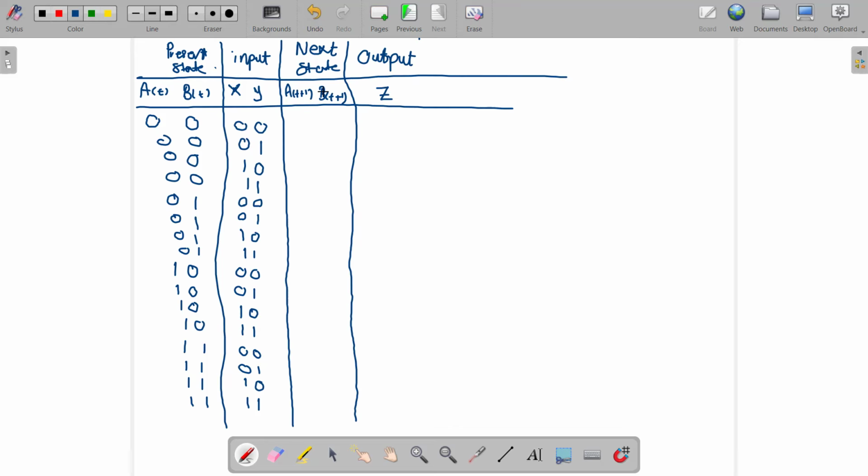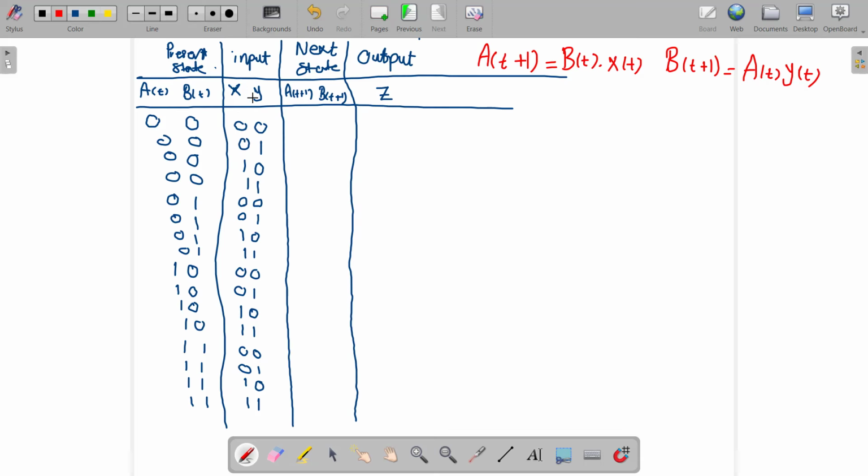Now, how can we find the next state? We learned that A(t+1) is equal to B(t) and x(t), and B(t+1) is equal to A(t) y(t).